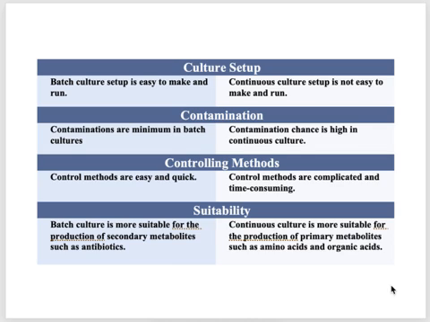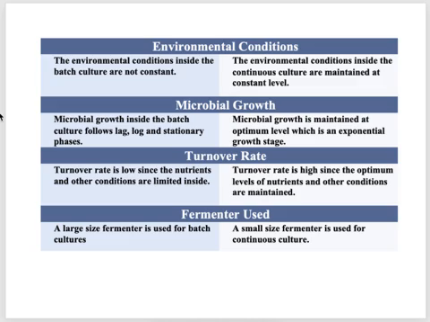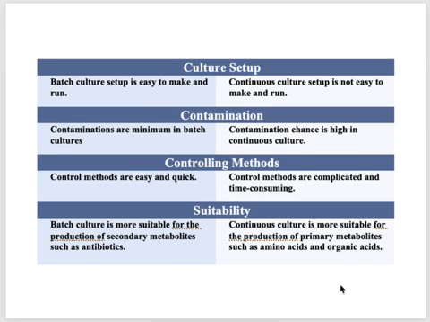Why? Because we just saw that in continuous culture, the microbes are maintained at their exponential growth stage, and we know primary metabolites are mainly produced when the microbes are at the exponential growth phase. So if your product is a primary metabolite, then continuous culture will be better.